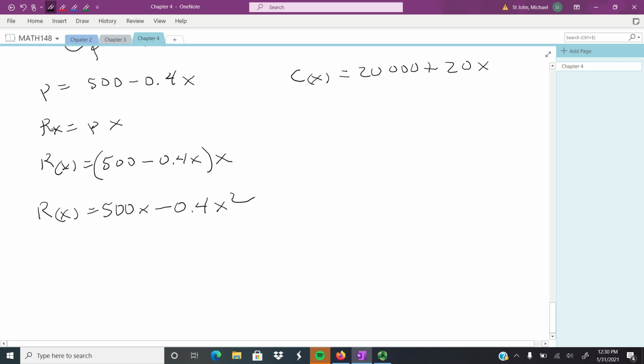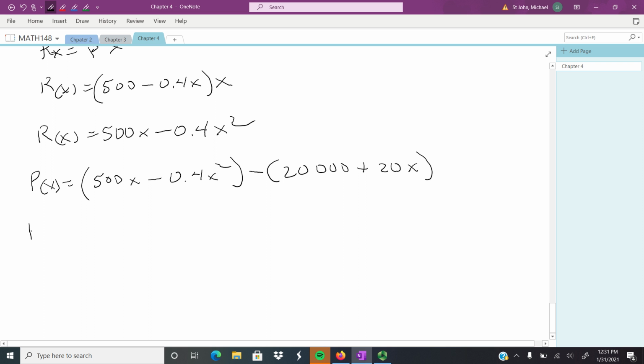Right? And so we have our revenue function, we have our cost function, which of course means we can find our profit function. So P of X is the revenue minus the cost. Okay.